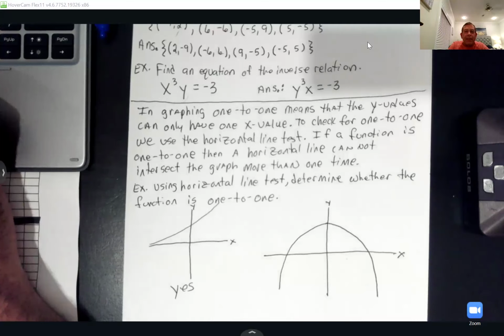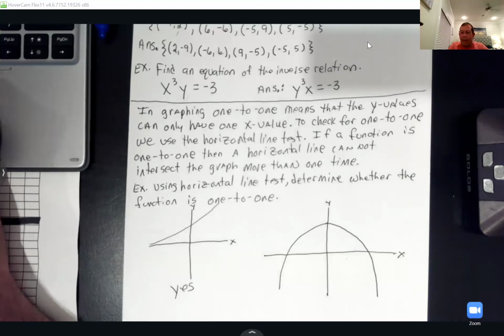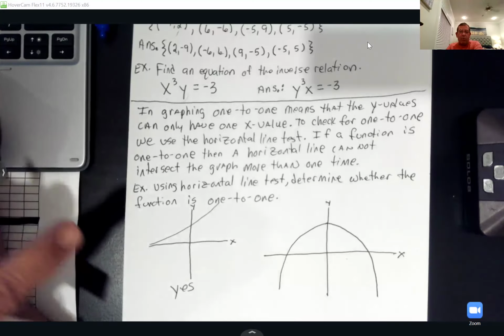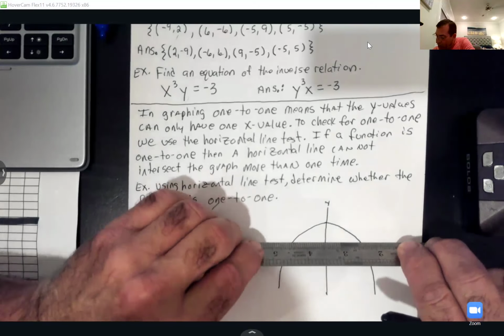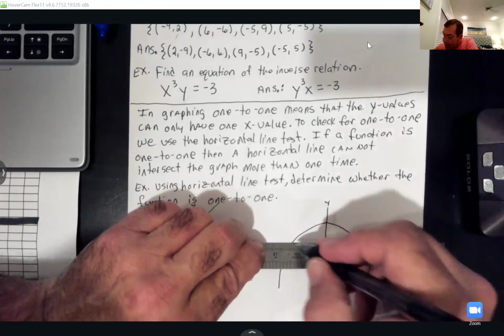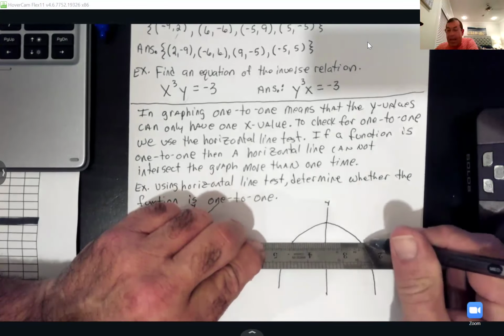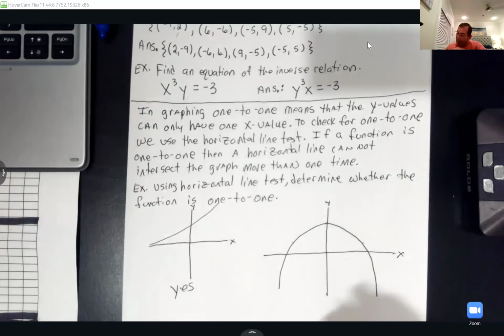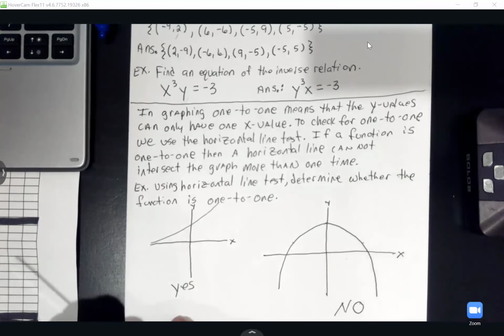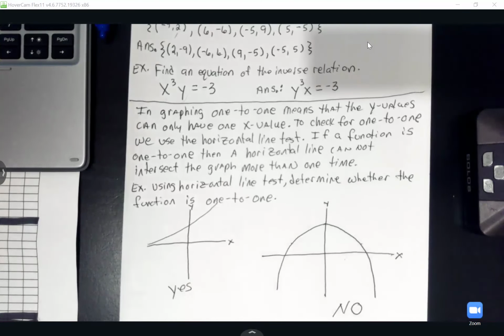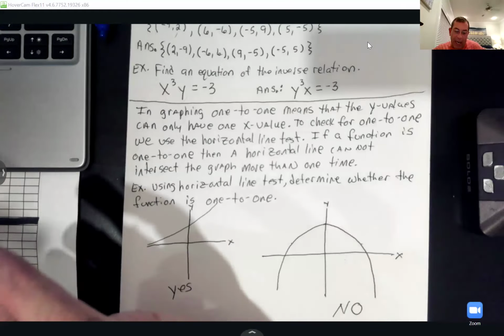Let me see what chat says. So the first one was yes, one-to-one, but this one not, because y'all watch this. If I run my horizontal line, it intersects it on this side and that side. So that means this one is no, not one-to-one.